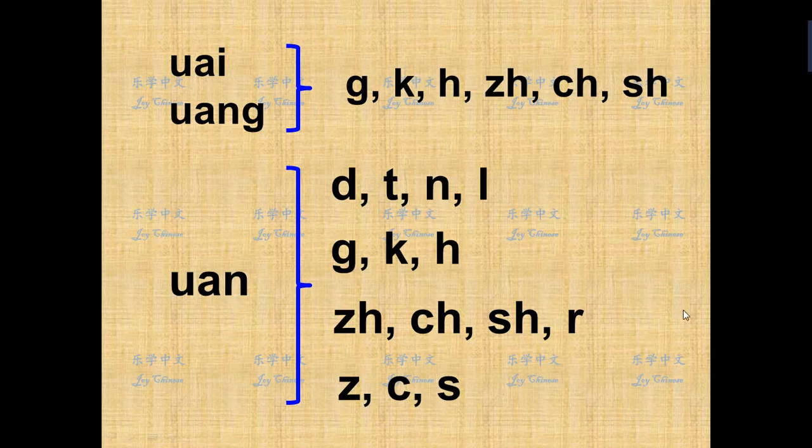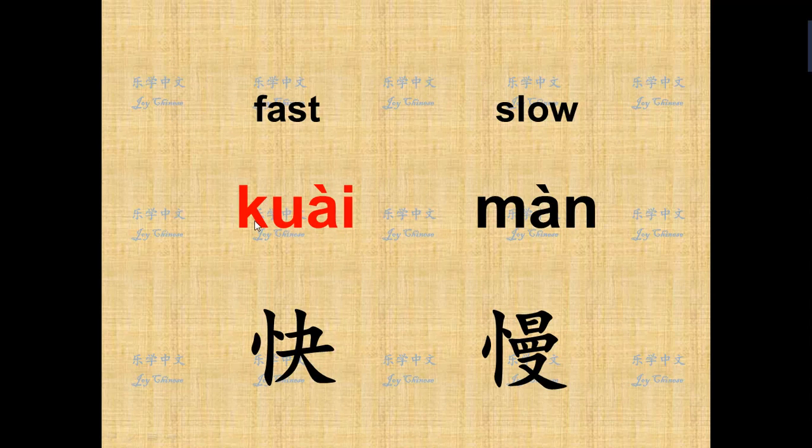Again, I pick up several important characters and words to introduce to you in this video. The first one is a combination of ke and uai with the fourth tone. Ke uai, kuai. So pay attention, we put the sign of the tongue on the top of a, not e.